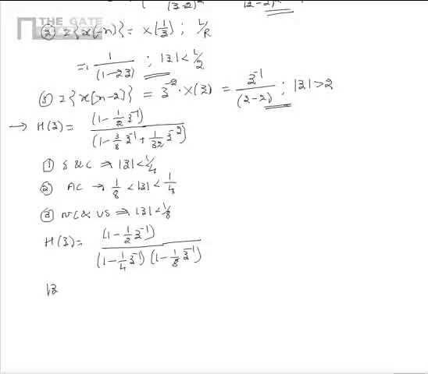So the possible ROCs are mod z less than 1 by 8, 1 by 8 less than mod z less than 1 by 4, and mod z greater than 1 by 4. In case of the ROC mod z less than 1 by 8, we see that the system is anti-causal, non-causal and unstable. So statement 3 is correct.